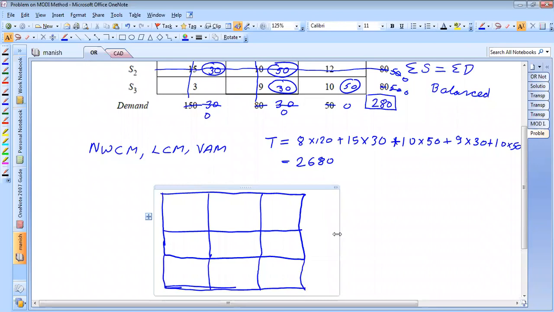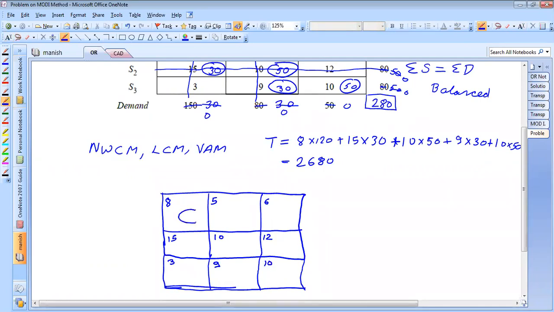The first row is 8, 5, 6. Then the second is 15, 10, 5. The last row is 3, 9, 10.